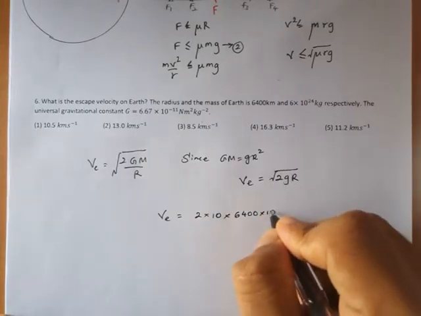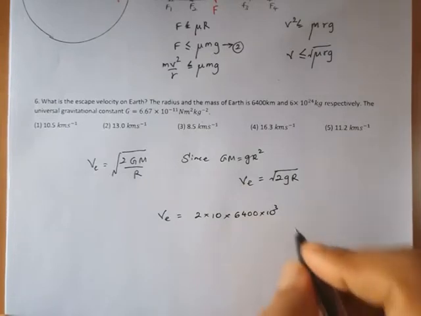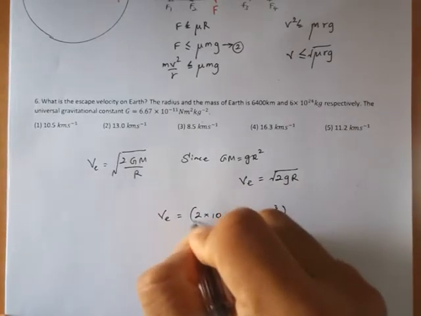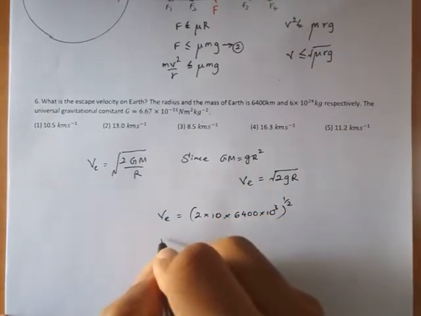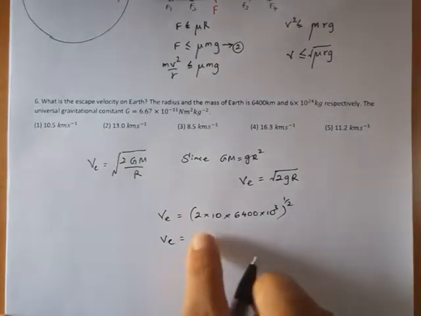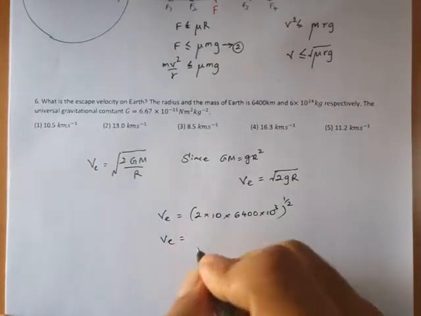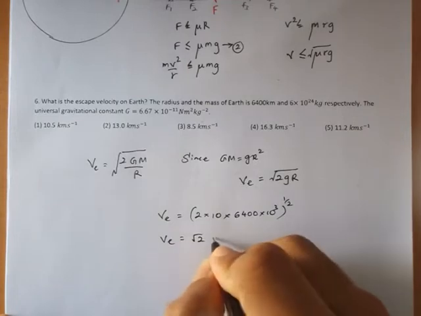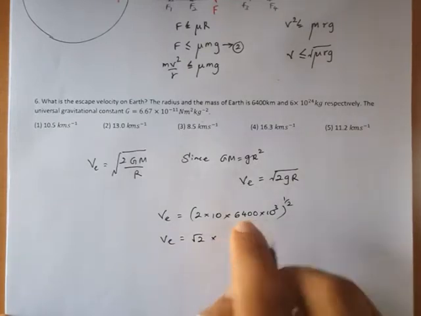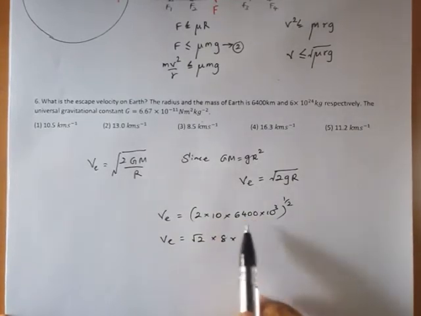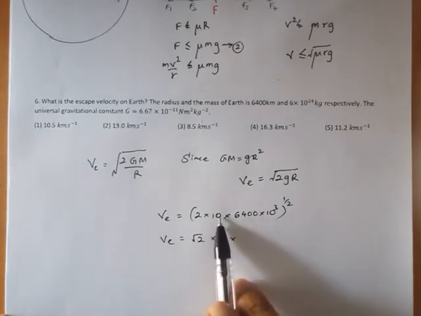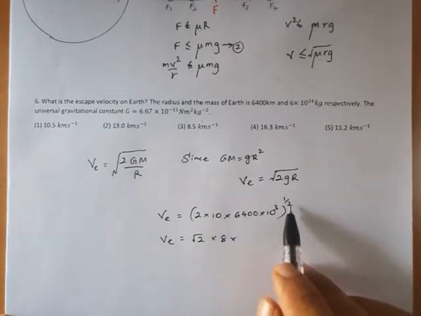We want to write the kilometers in meters, so 10 to the power 3, and the square root. So taking the square root, root 2 times the square root of 64 is 8, times the square root of 10 to the power 6, which is 10 to the power 3.